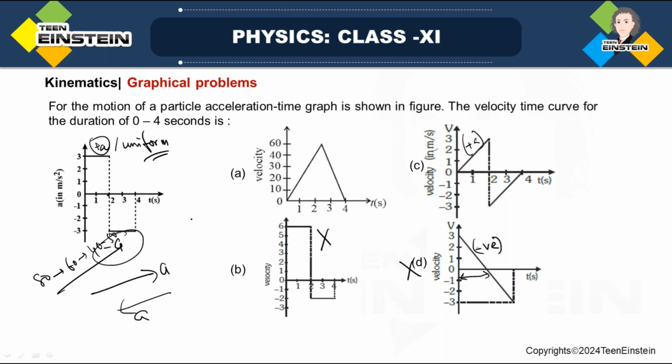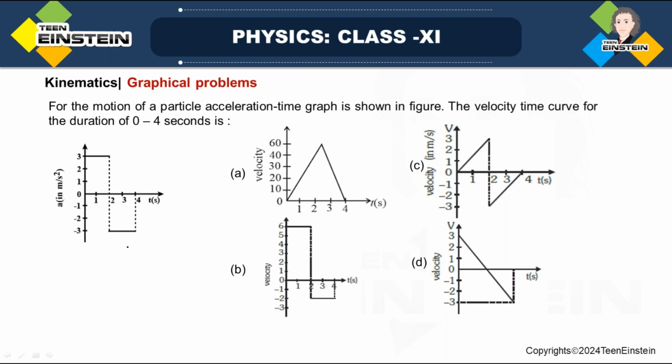Suppose 60 to 40 to 0. So due to deceleration velocity should be coming to 0 from the maximum value. Then if still the acceleration is there in the negative direction, then velocity also will be increasing in the negative side.